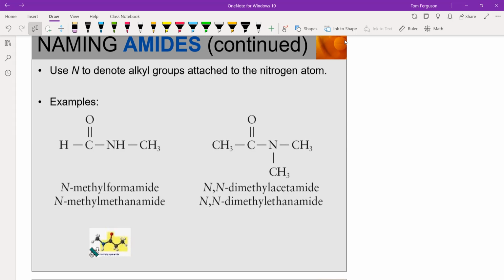Okay, so we have an amide here. Just like with esters, the carbonyl is the acid side, the N is the amine side.